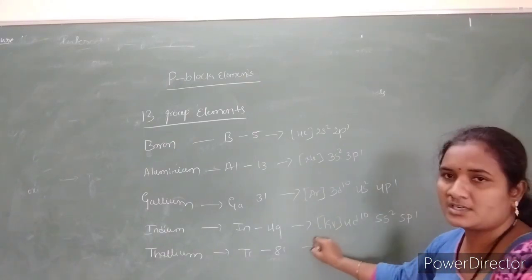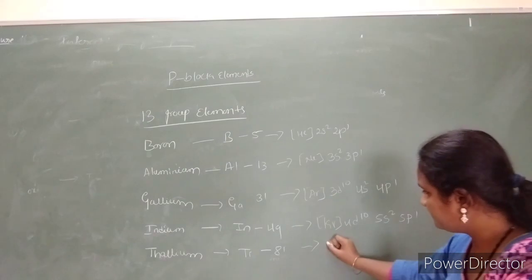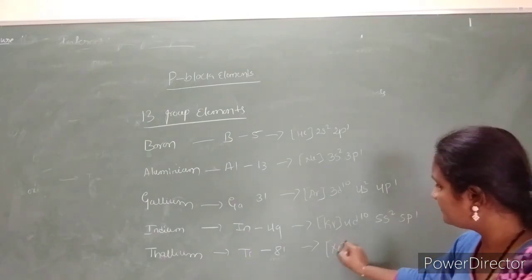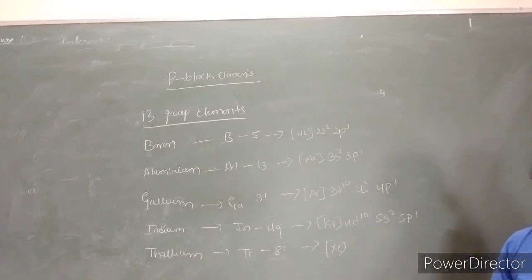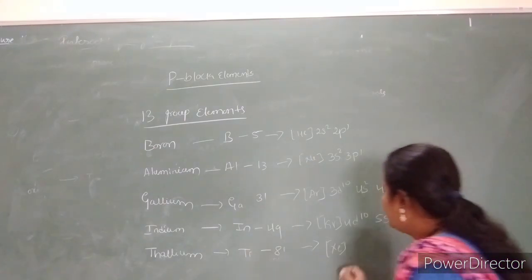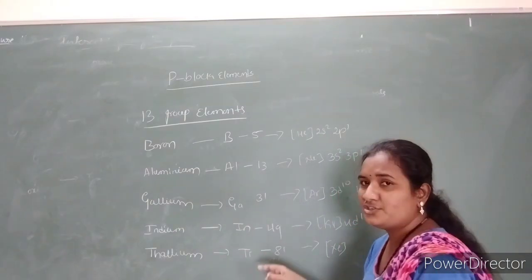Next, after krypton comes xenon. So xenon is 54, but the atomic number of thallium is 81. That is why the f orbital is also involved in the electronic configuration of thallium.